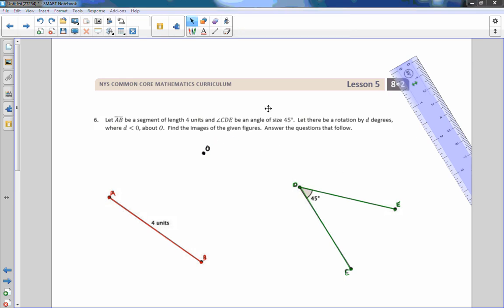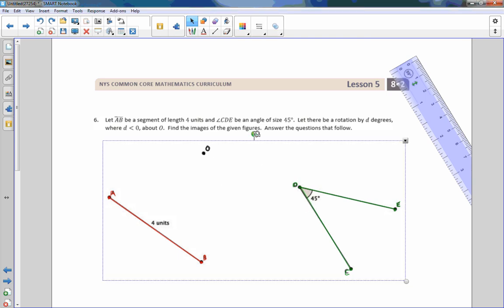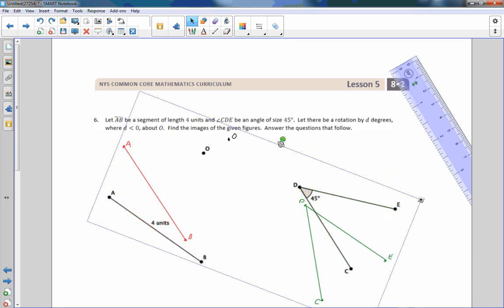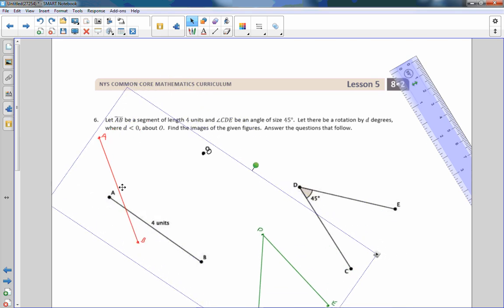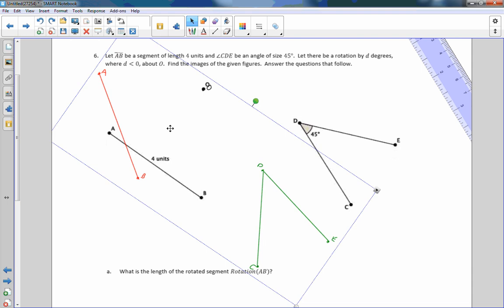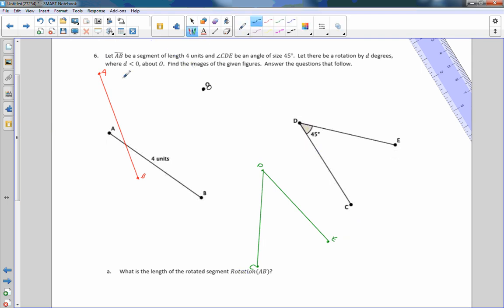Now that I have grouped everything, I'm going to rotate them negative. Negative direction is clockwise. That will be this way, the same way a clock goes. If I rotate that about O, O would stay where it is, and there would be my rotation. Then I would have to rename this A prime, B prime, O prime, or O, which is the same. D became D prime, E became E prime, and C became C prime. So there is a rotation in the negative direction.